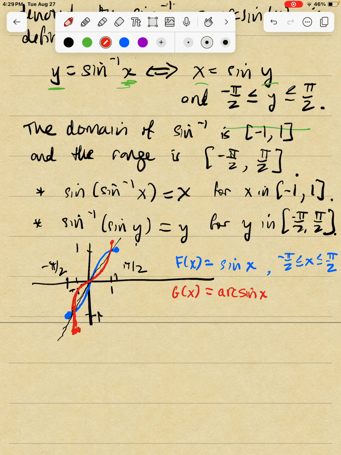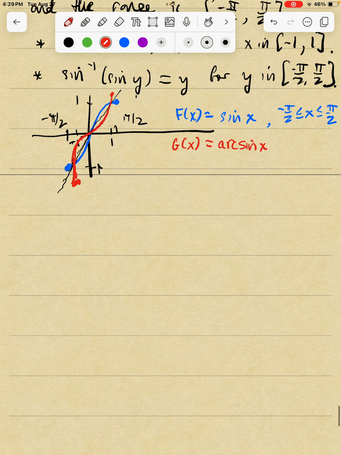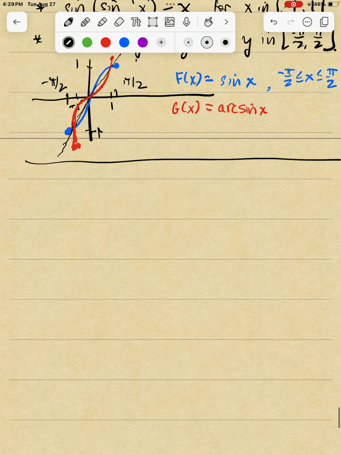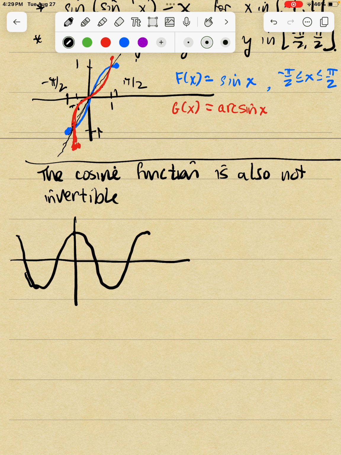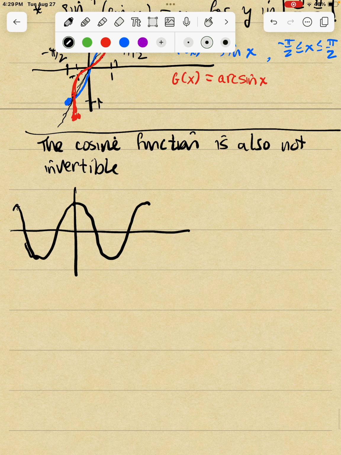Okay, now what about the arc cosine function? So it's similar. The cosine function is also not invertible, for the same reason. There's a bunch of x values with the same y value.